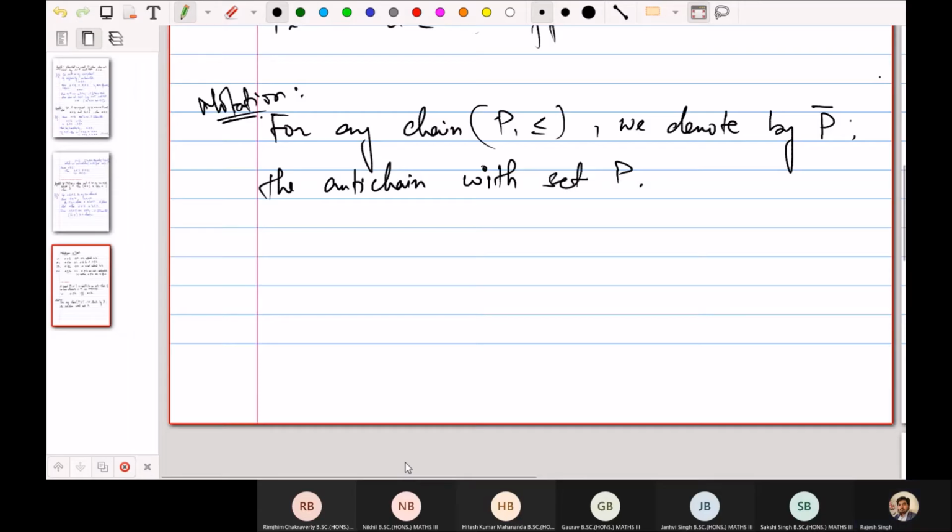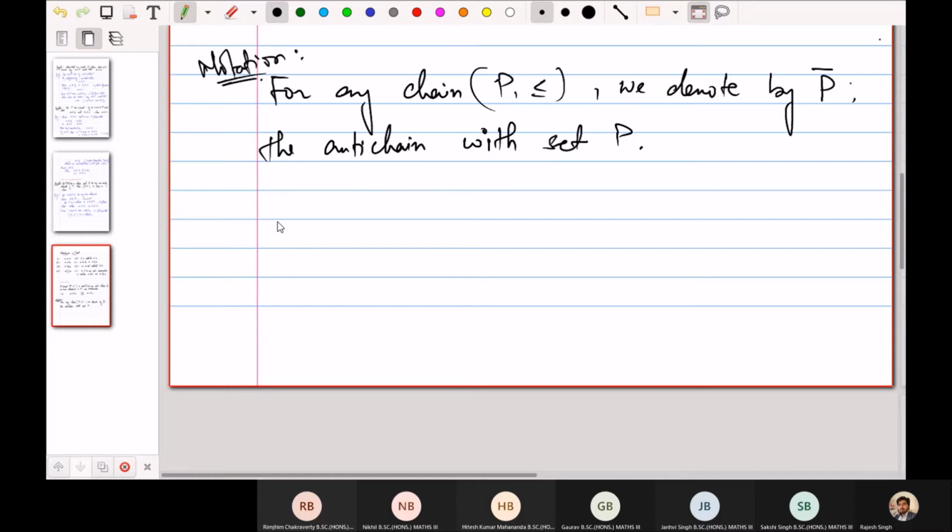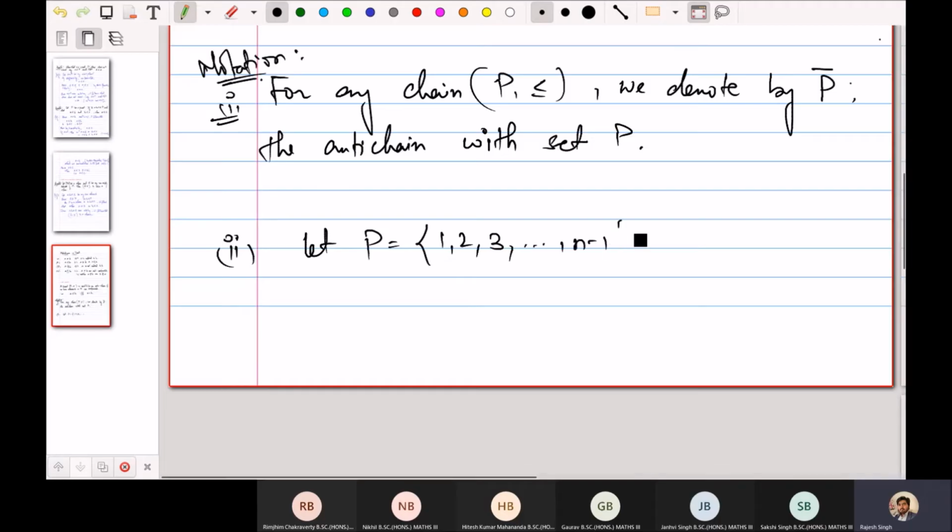Yes, sir. Okay, now another notation. Let P equal 1, 2, 3 up to n minus 1.